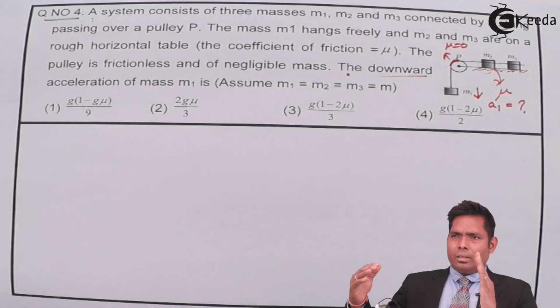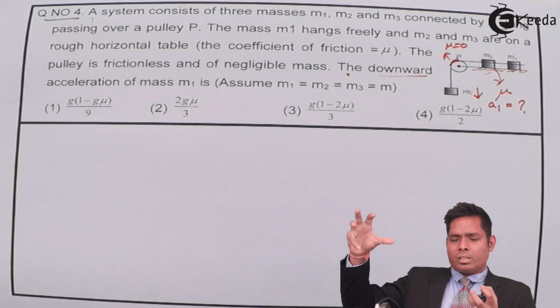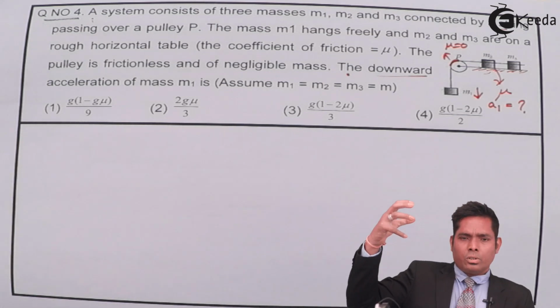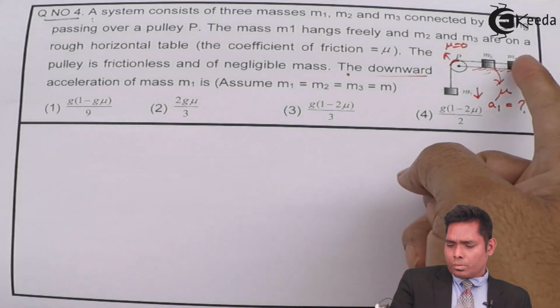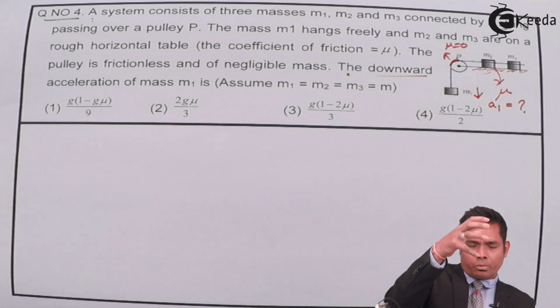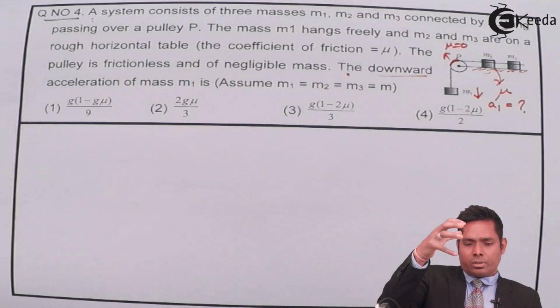The whole thing, two blocks here and one block there: when it starts moving down, the two blocks simultaneously move forward. So when this comes down, this moves forward. These two blocks are moving this way, and the first block is moving down. So this is how the movement occurs.